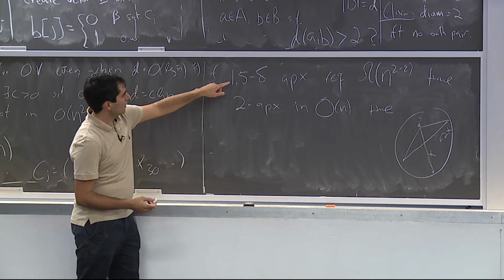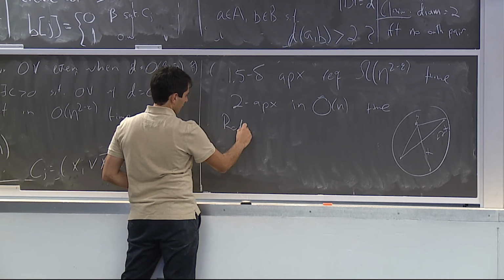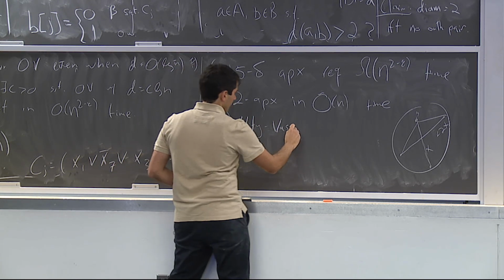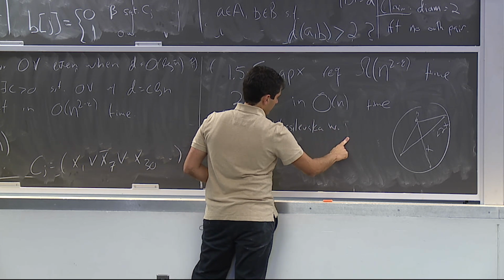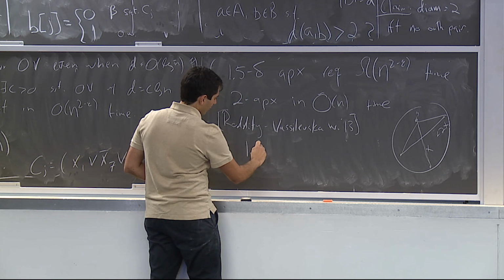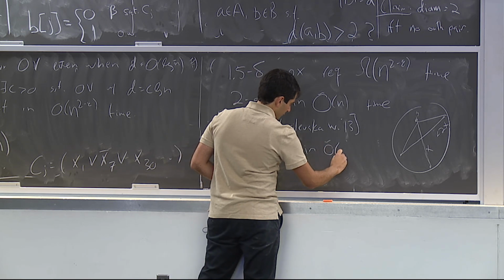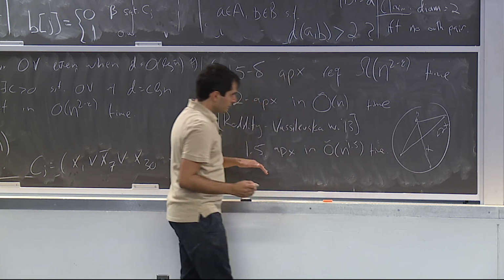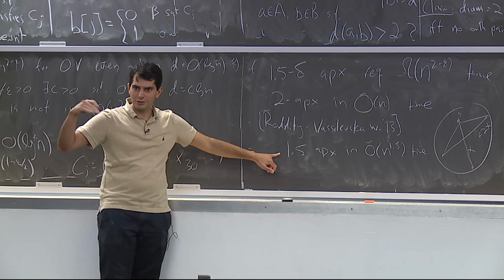And in the same paper where they showed this hardness result, by Roditty and Vassilevska Williams, they showed that you can get a 1.5 approx in subquadratic time. So with 1.5, you can break the quadratic bound.